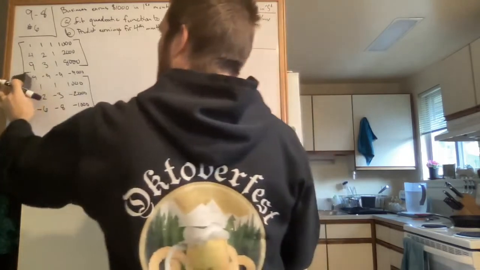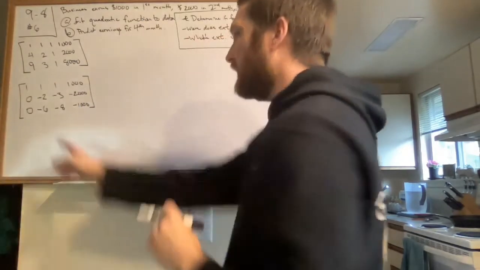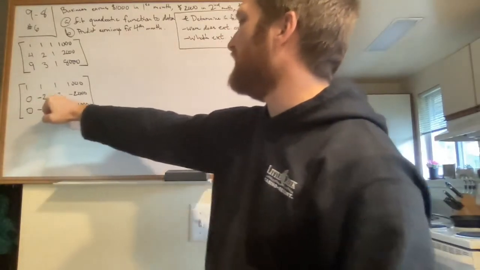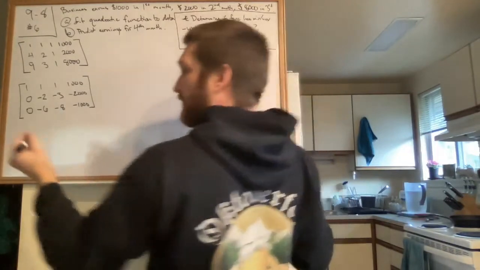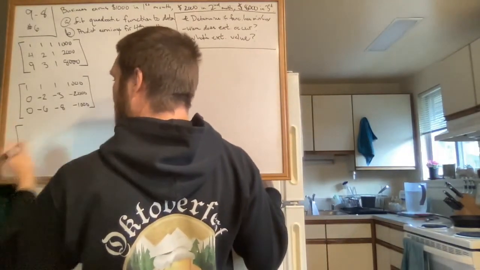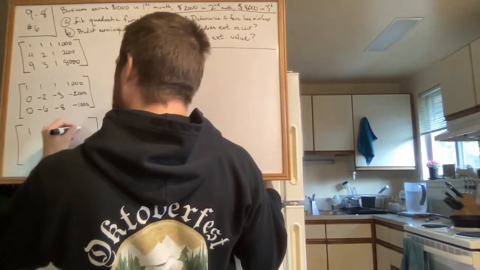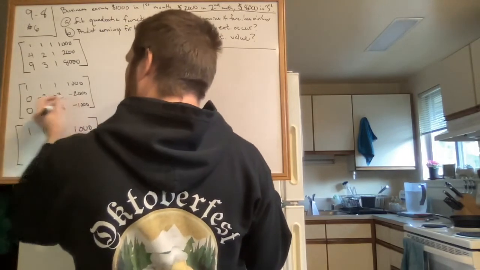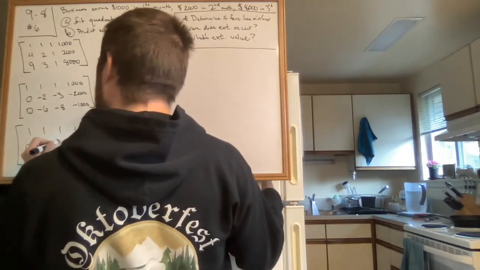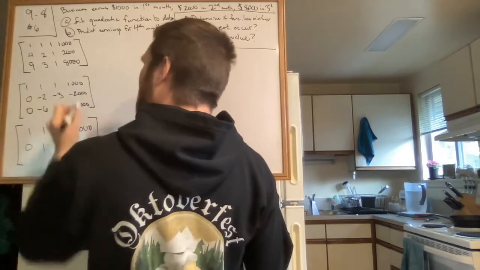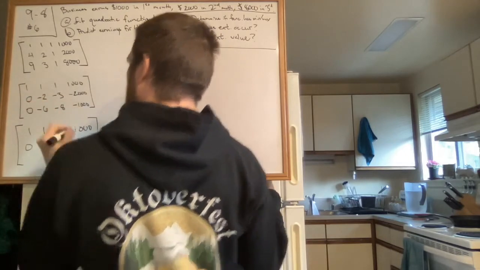Okay, nice. Now let's get leading ones. We're going to get leading ones right here. So dividing everybody through by -2 will give me a 1 right here. I don't think this glare is going to be too bad. Dividing this thing through by -2 gives me a 1, then +3/2, and then by -2 gives me +1,000.